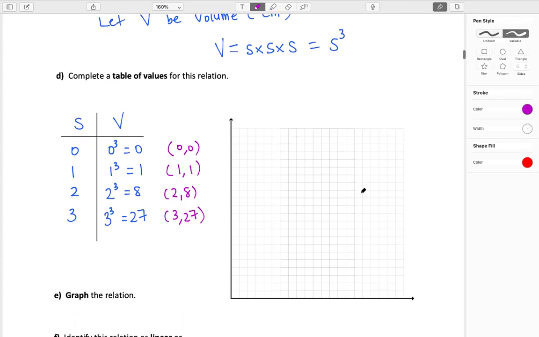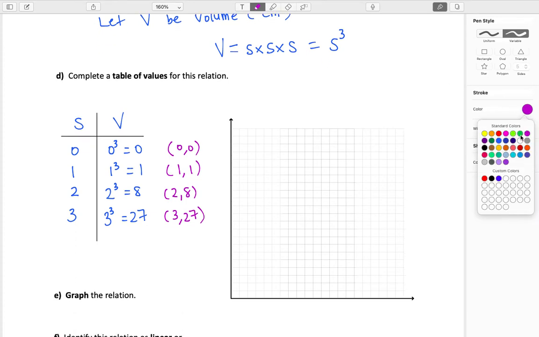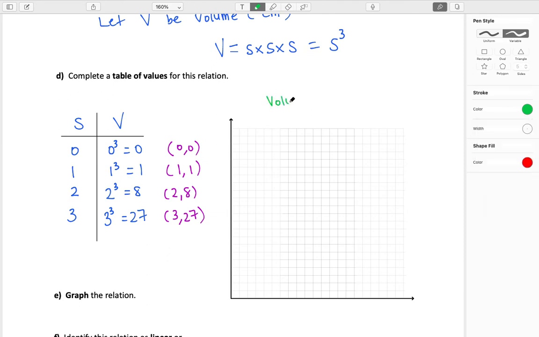Now that we have the table of values, let's graph this. So again, for the title, you could say volume versus the side length. And you must underline the title. And for independent variable for x-axis is the side length in centimeter.